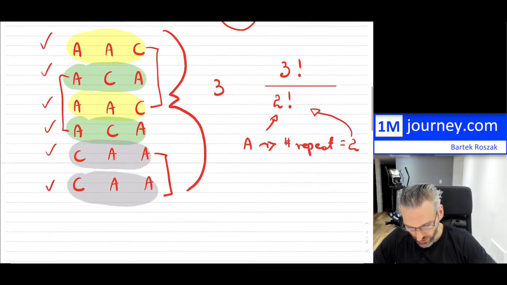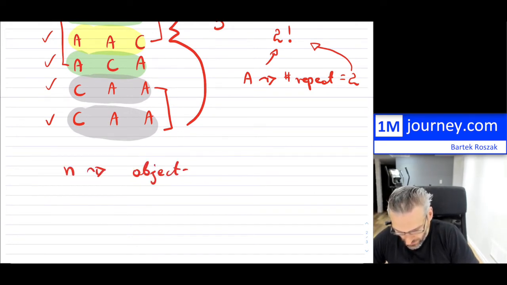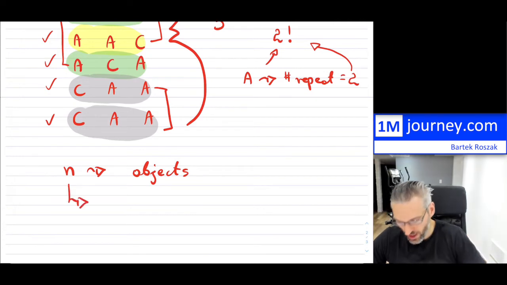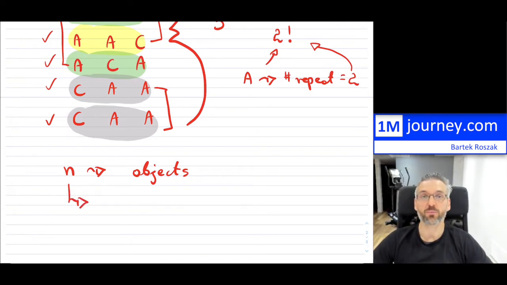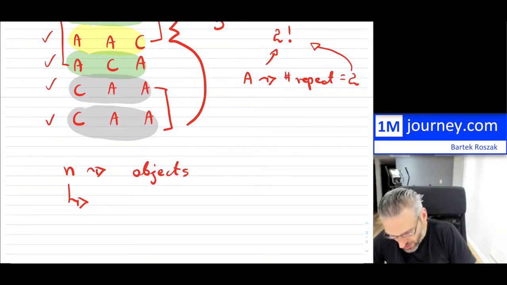So in general, if we had n objects, and inside of these n objects, I had some objects that repeated multiple times. So let's say that one of the objects was repeating, and I'm going to use R for repeating.